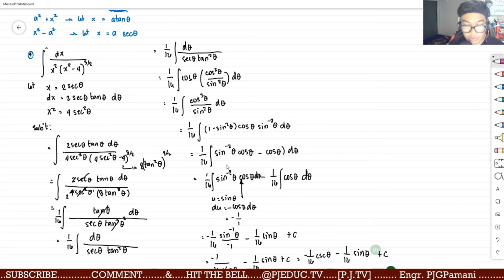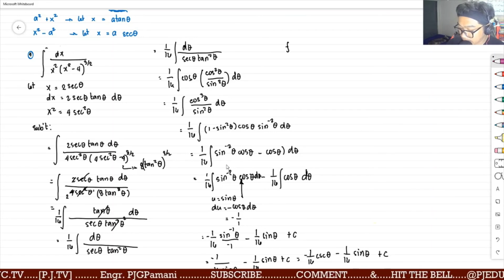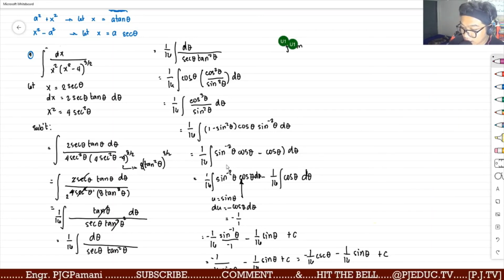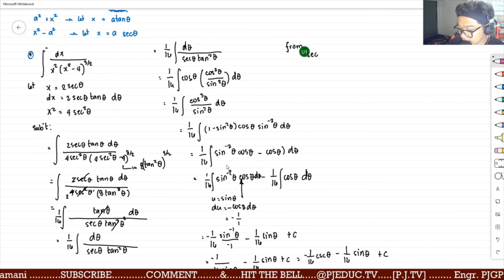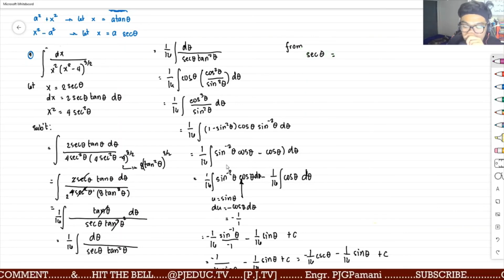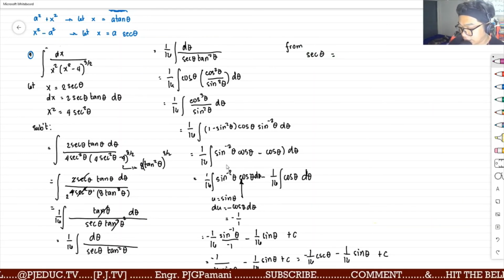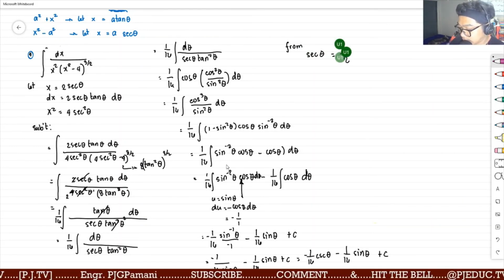So yan na ngayon yung ating basis for the next part of our substitution. Okay? From the secant, ano ang secant? Secant is what? Hypotenuse over adjacent. Diba?